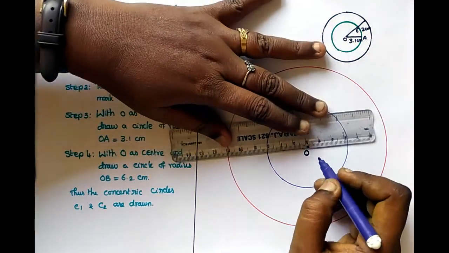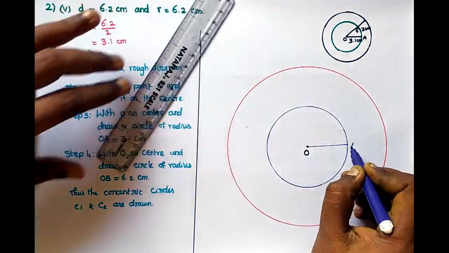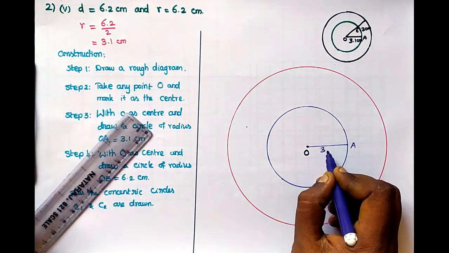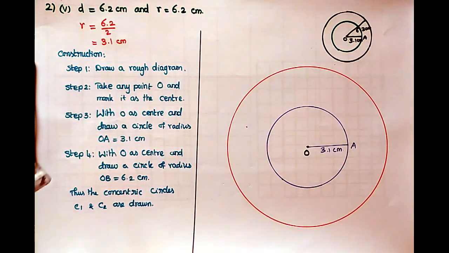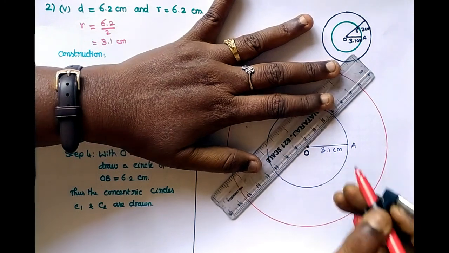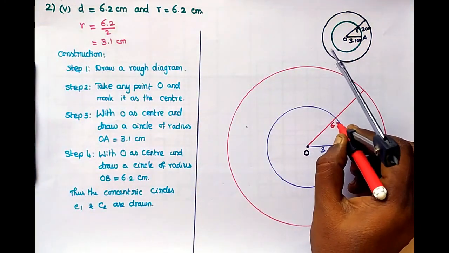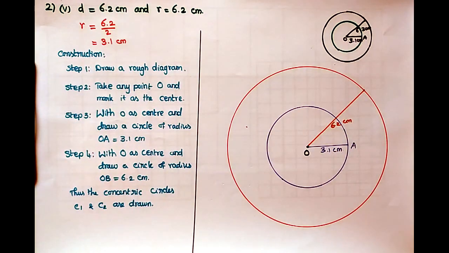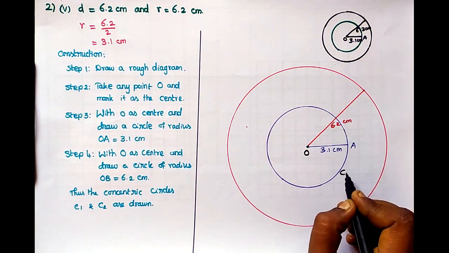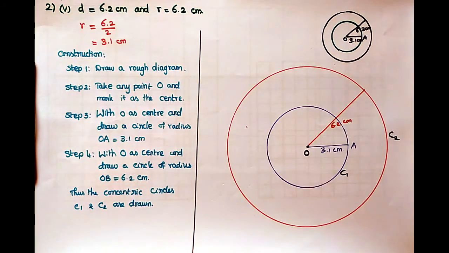Now OA equal to 3.1 centimeter and OB equal to 6.2 centimeter. Circle 1 and circle 2.